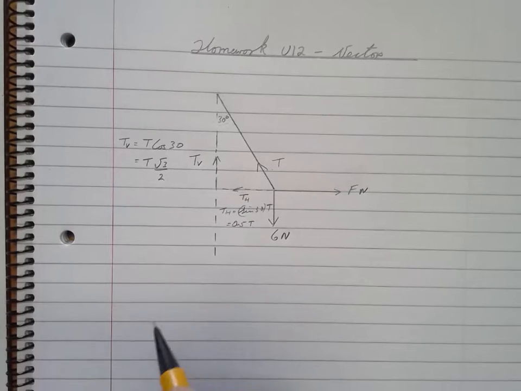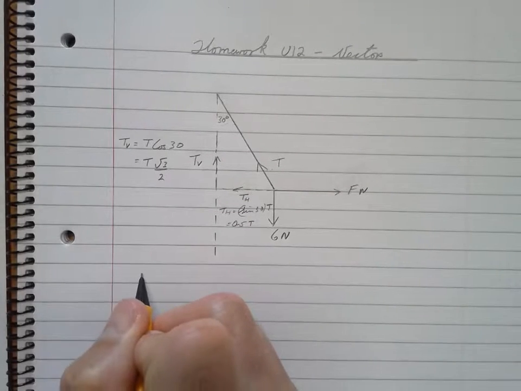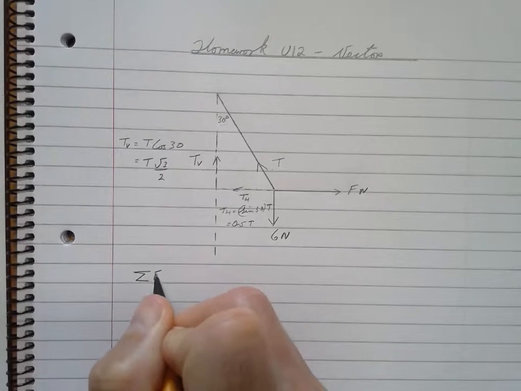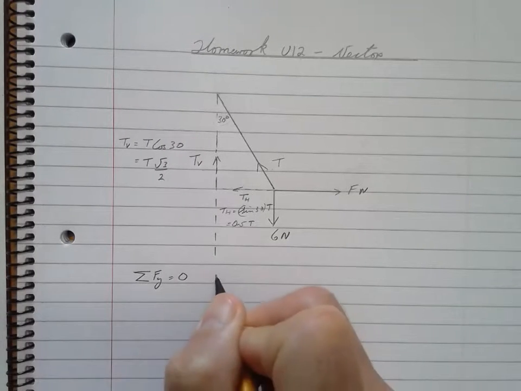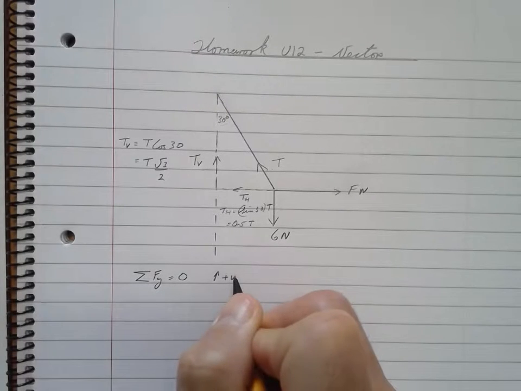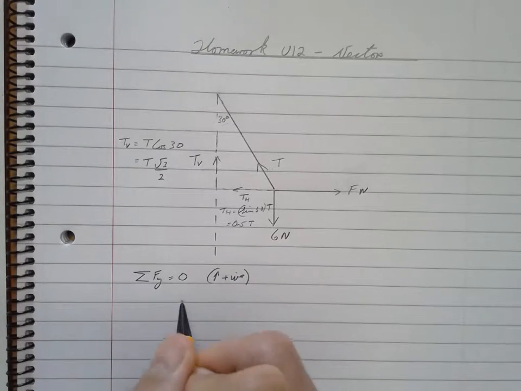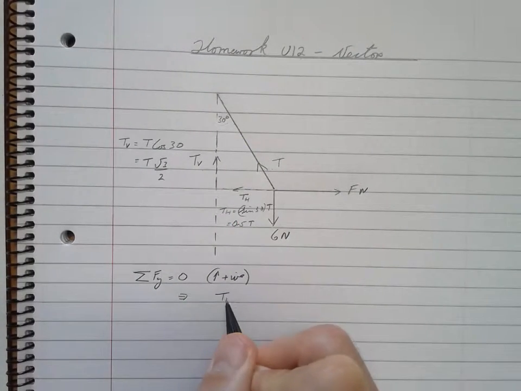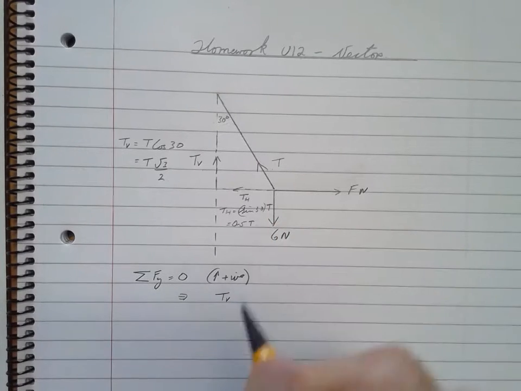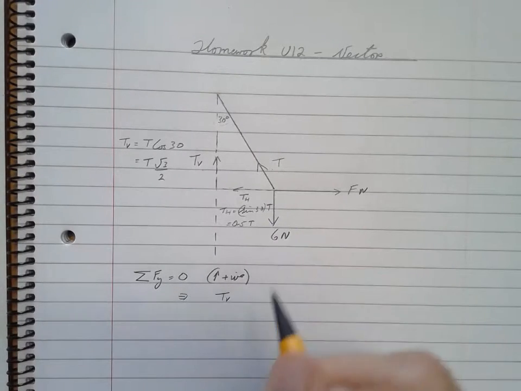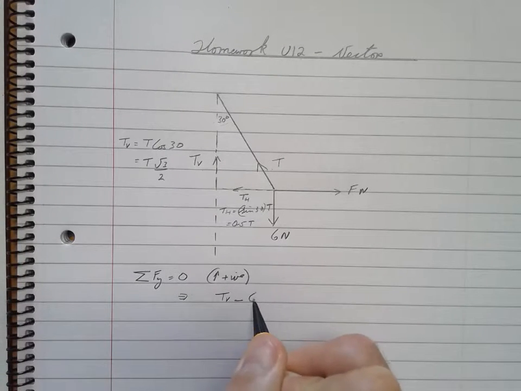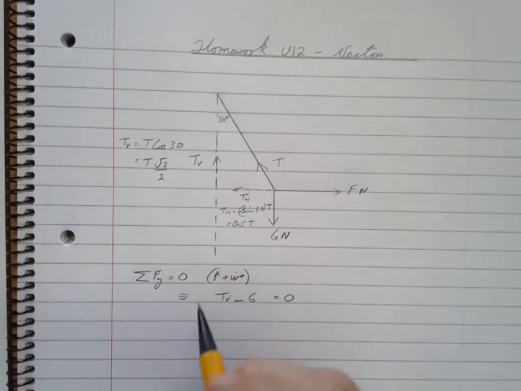Okay, so let's resolve the forces, first in the y direction. So we'll state here what we're doing. The sum of the forces in the y direction is equal to 0, and we'll make all the forces going up positive. So we've got the TV, which is going up, and the 6 newtons, which is going down, so it's negative: the vertical component of the tension minus 6 is equal to 0, and this TV is equal to T times root 3 divided by 2.